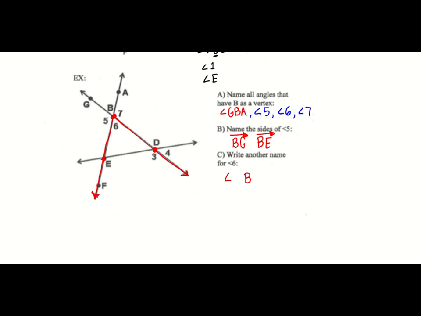Now, if I start on the outside here, I'm going to start at point E, come into B, and out to D. So that is going to be my angle, EBD. Now I could have picked F instead. I could have started out here at F, still talking about the same angle, FBD. It still creates this same arc right here.